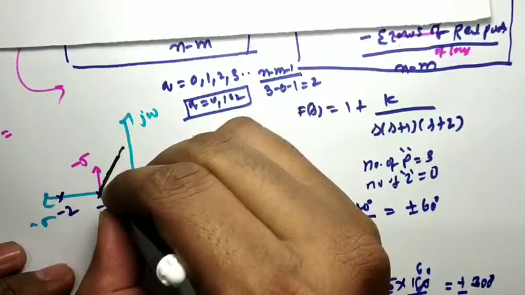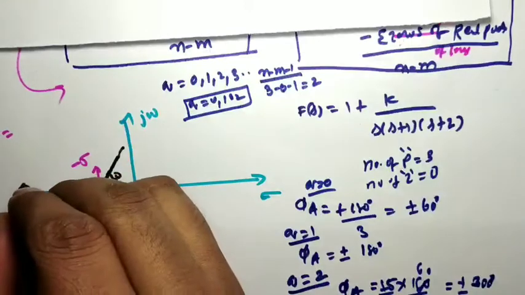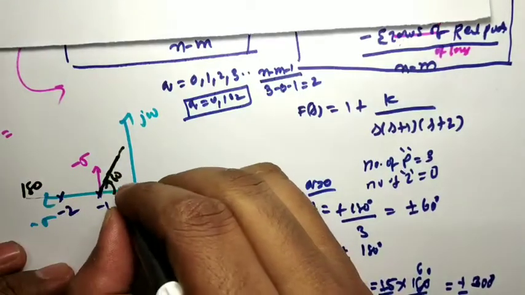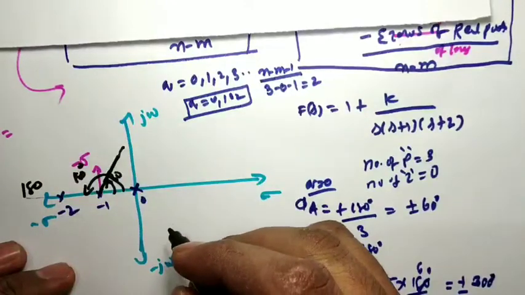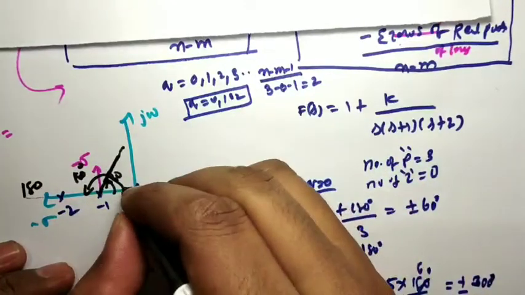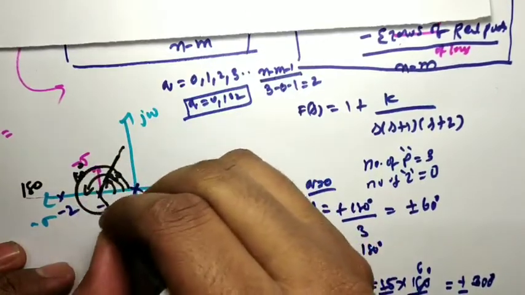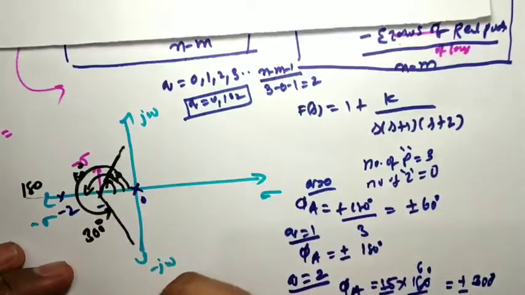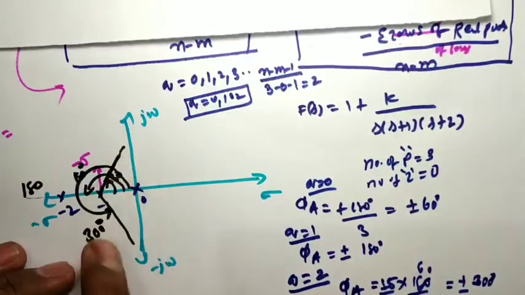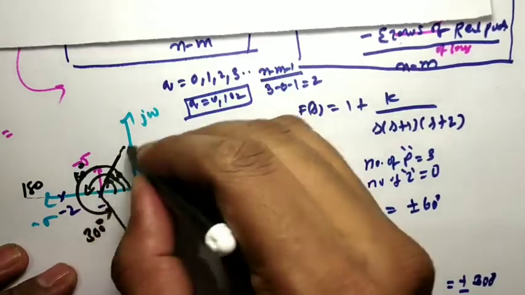Okay, so this is 60 degrees, and another asymptote is 180 degrees, and another asymptote is 300. This is another asymptote, this is 300. Okay, so I have drawn asymptotes. From centroid only we have to draw asymptotes.